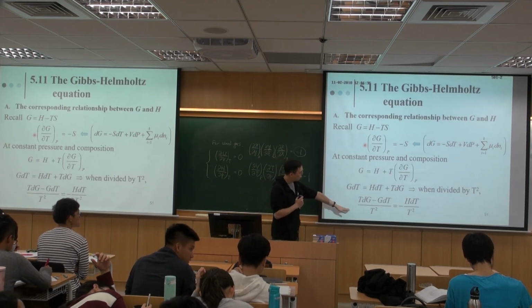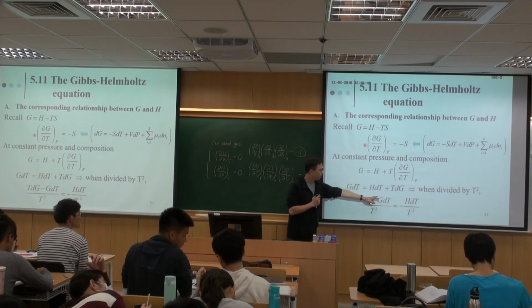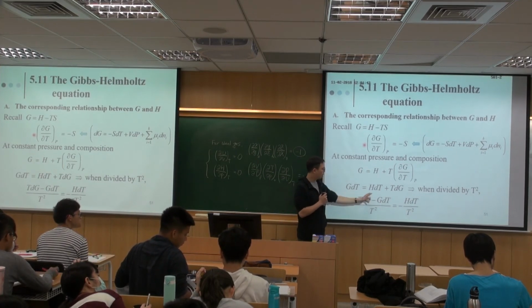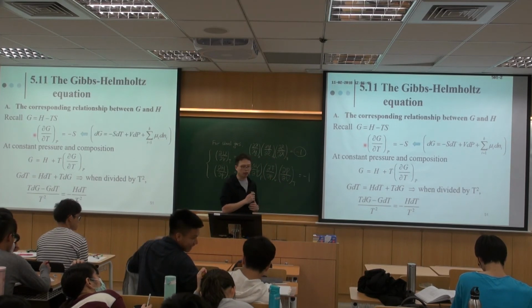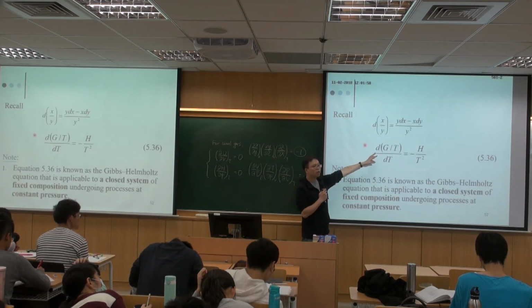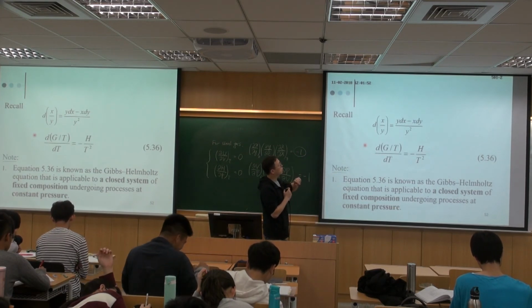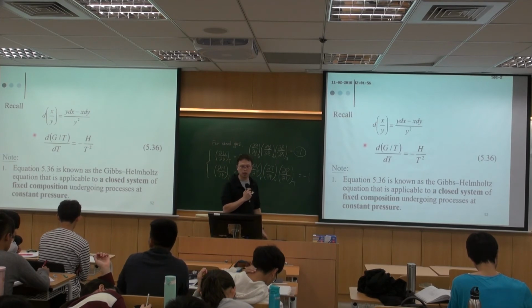And the reason why we write this term like this is because we know that if we write the differential like this, this can be expressed as the differentiation of G over T, due to the basics of calculus.